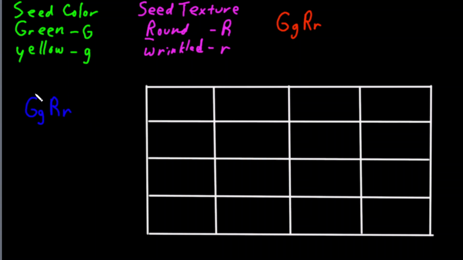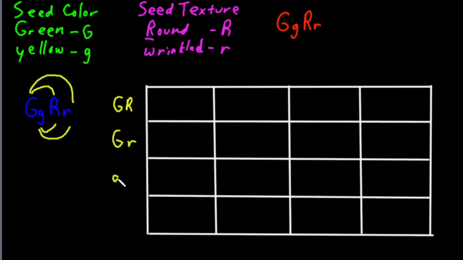Now, we need to determine the possible alleles, or excuse me, the possible gametes. Remember, we will do first, outside, inside, and last. And so first is going to be capital G, capital R. Outside will be capital G, lowercase r.